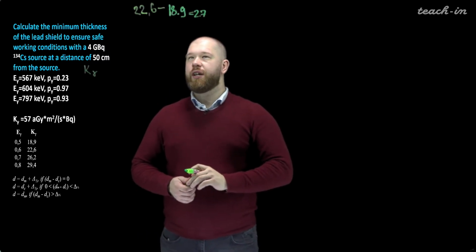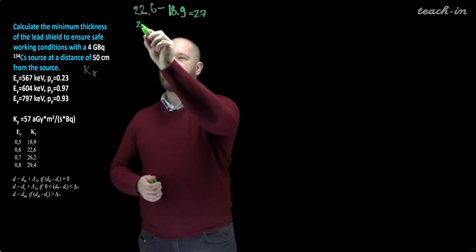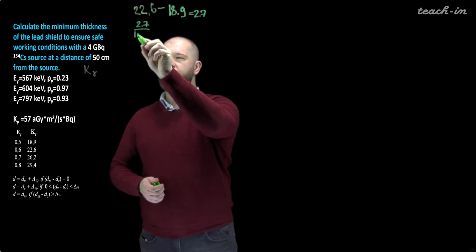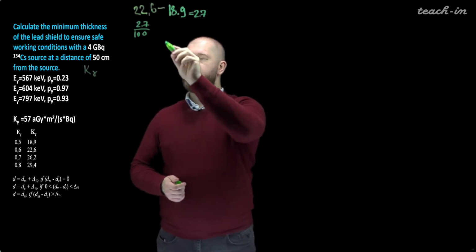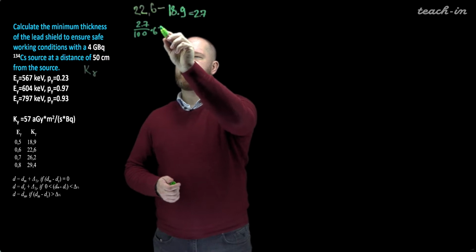We can divide this 3.7 by 100 and then multiply it by 67.